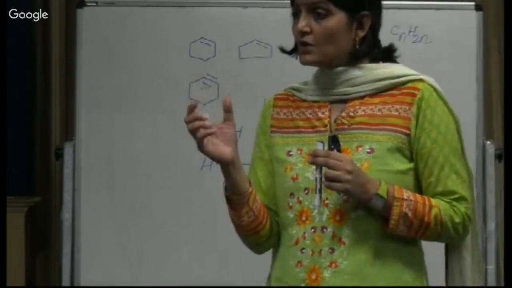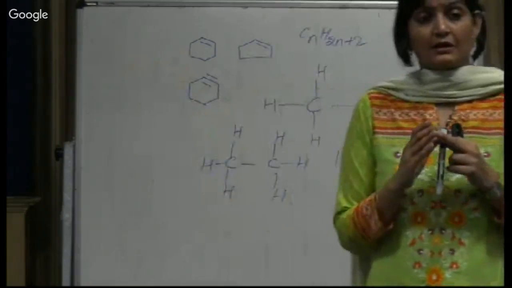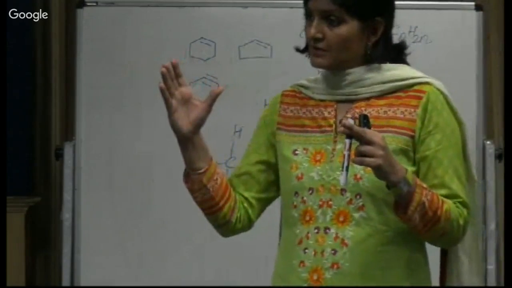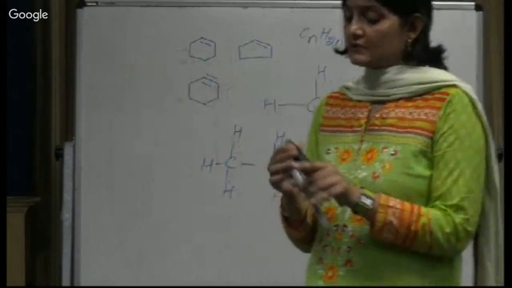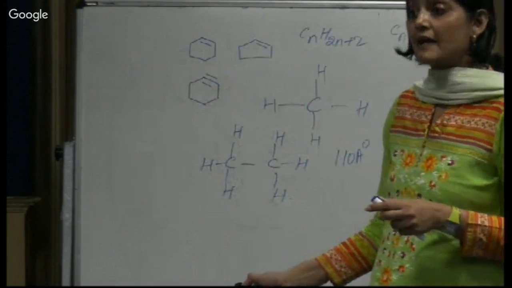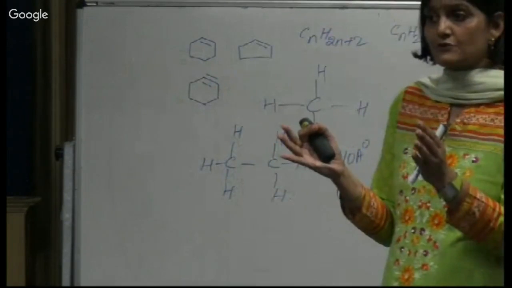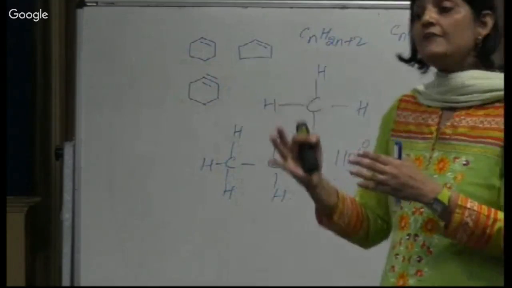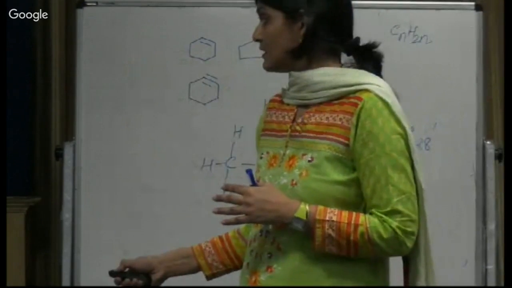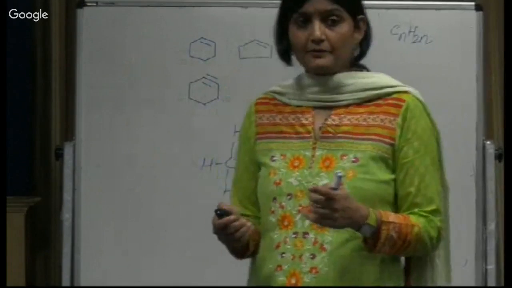So as the size increases, the van der Waals forces of attraction will increase. So what you find is that the first 4 members of the family are gases, small chain, very weak intermolecular forces of attraction. Then from 5 to 17, they are liquids, and the higher members are solids.